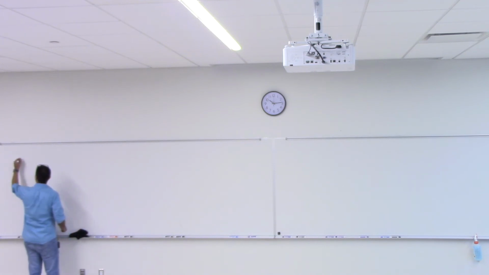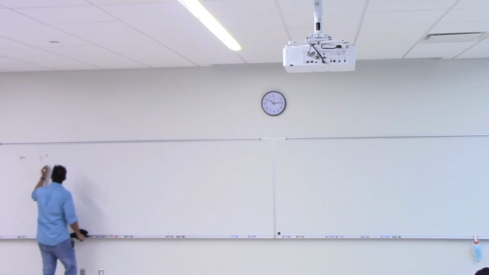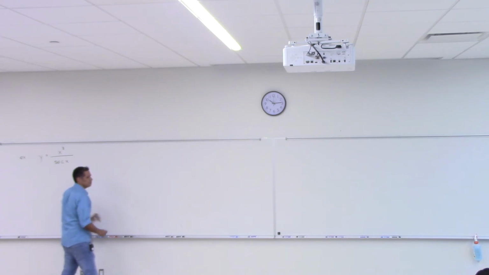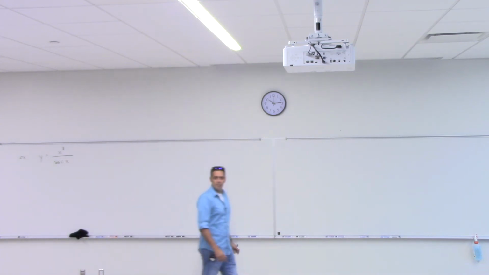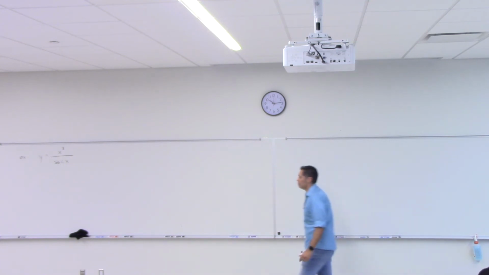How about this one? y is equal to x cubed over secant x. Find y prime.